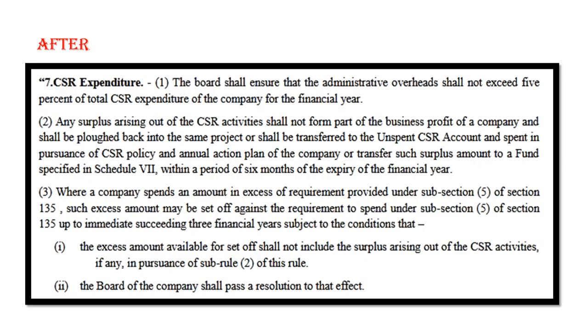Moving to Rule 7, in these amendment rules, sub-rule 1 says that the board has to ensure that the administrative overheads, which were defined in Rule 2, if you remember, the general management and administration expenses excluding anything for designing, implementing and such things, shall not exceed 5% of the total CSR expenditure of the company for the financial year.